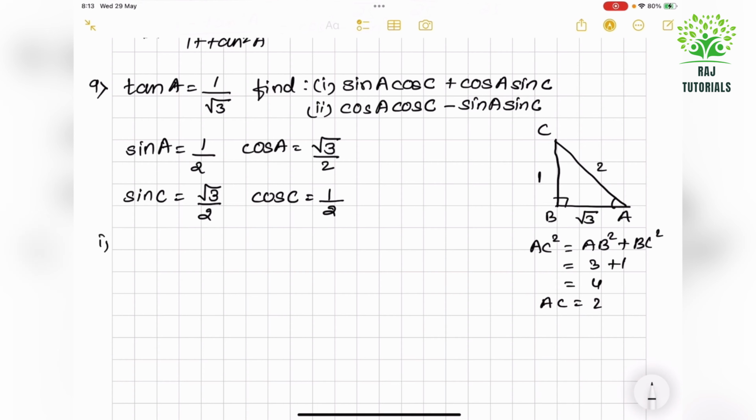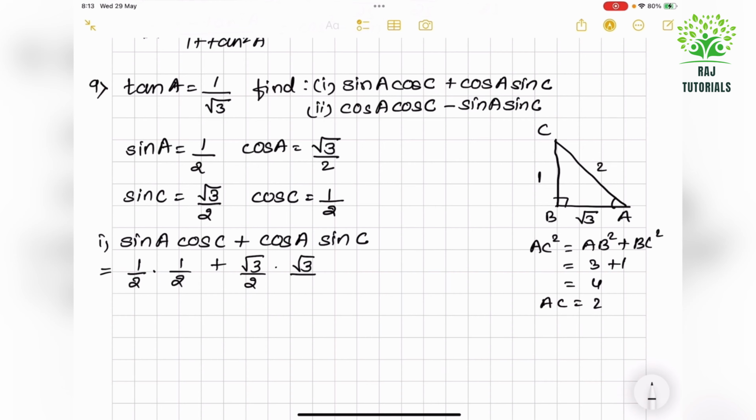Now for the first one I will be putting all the values: sin A cos C plus cos A sin C. So putting the values, sin A is 1 by 2, cos C is 1 by 2, plus cos A is root 3 by 2 into root 3 by 2 for sin C. So this is nothing but 1 by 4 plus 3 by 4. So 4 by 4, that is 1.